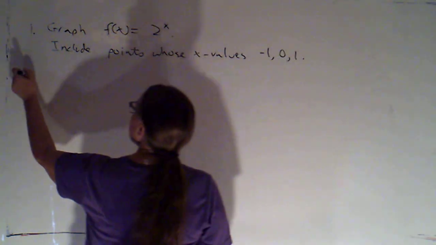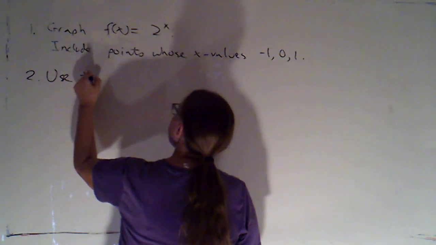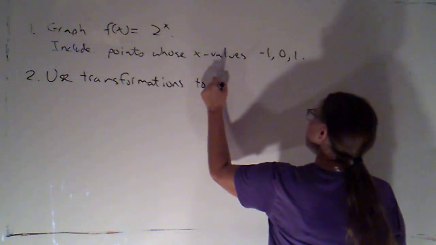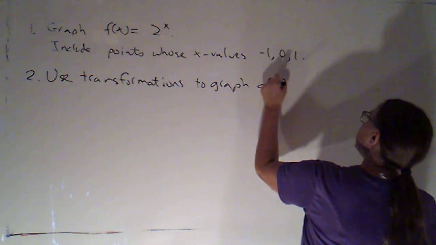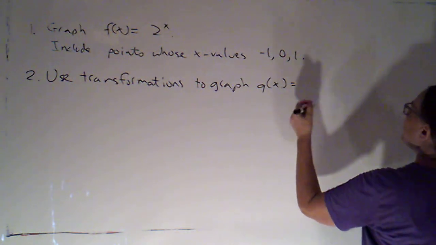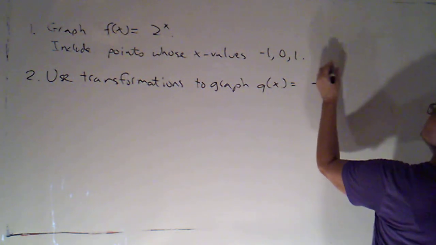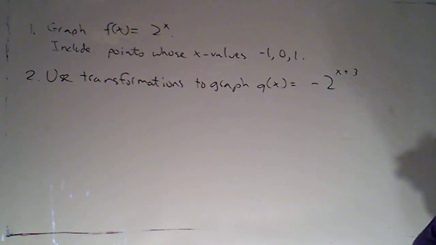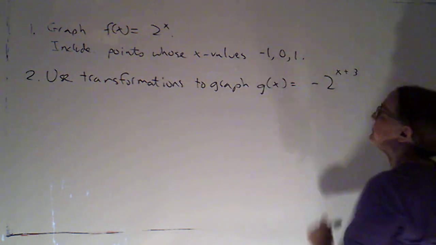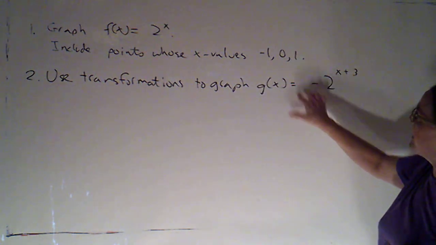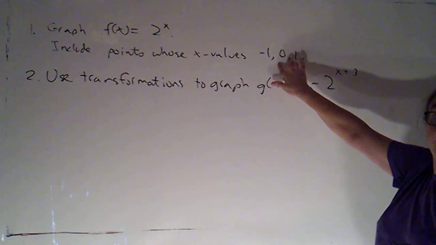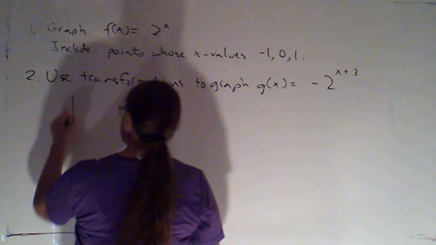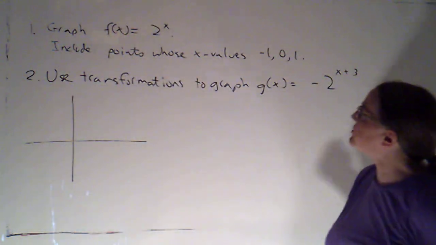And then I'm going to use transformations to graph g of x, which is going to be -2 to the x plus 3. As I'm using these transformations, I'm going to keep track of where these 3 points get transformed to.